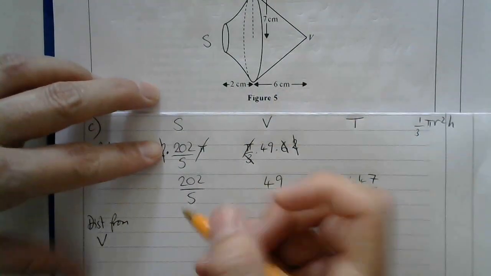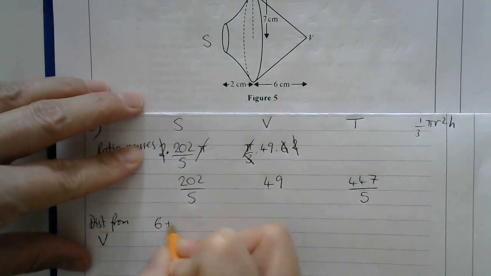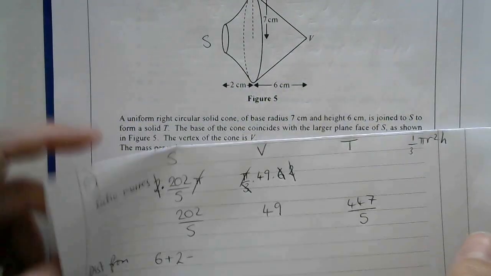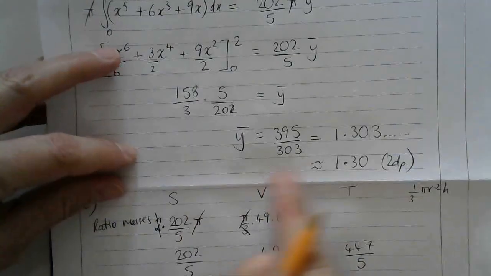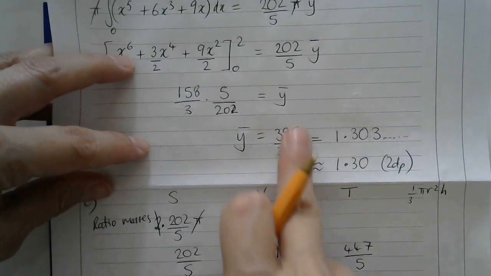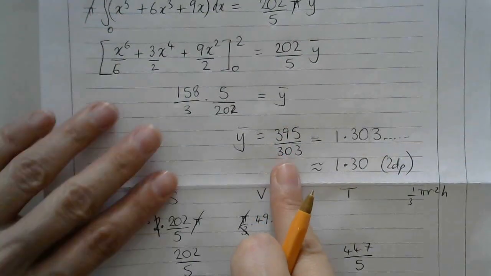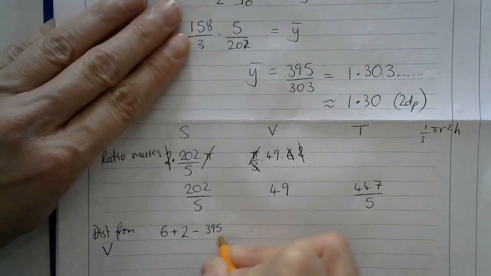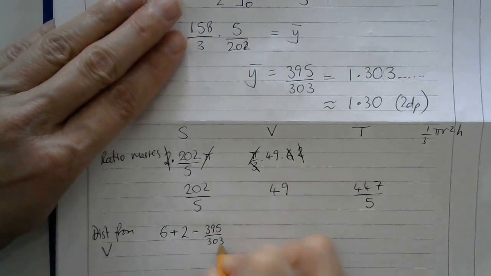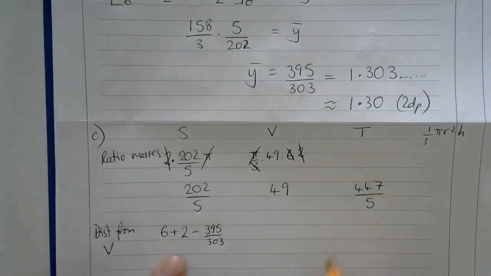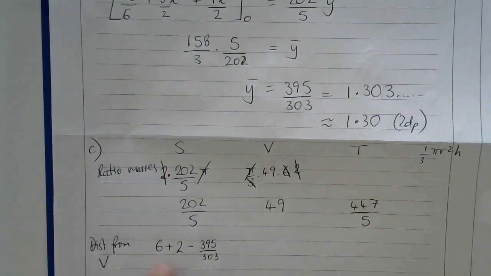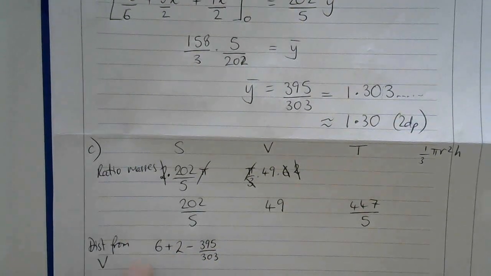So I need 6 plus 2 minus that 1.3, and to be accurate then I'll use the fraction value here. So I need to take away 395 over 303. Okay, so that gives me the distance of the centre of mass of S from V, and I'll tidy that up in a minute.